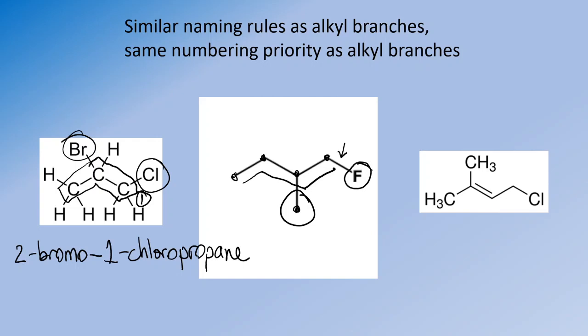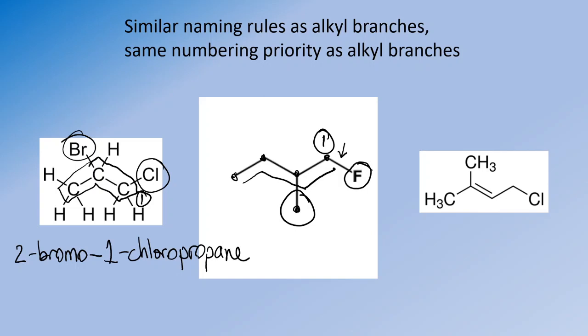Now in this case, I have a methyl group and a fluoro group, and even though it doesn't matter, I'll just bring it up for the sake of saying that the equivalence of these two is important. Again, what we're trying to do is just produce the lowest numbers possible. And so the carbon over here is going to be the first carbon of the chain because it's the one that has the groups closest to it.